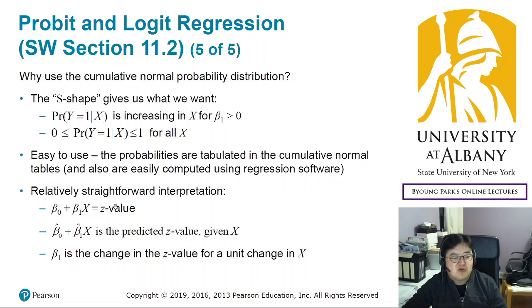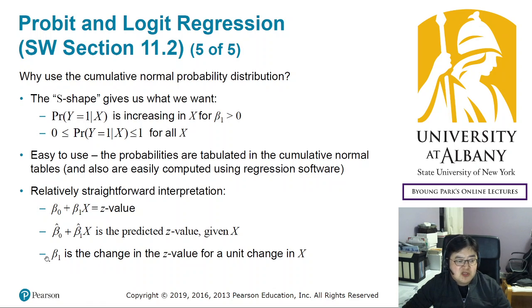And interpretation wise, we have an imaginary index, the z-value. This is the z-value index, and we can predict the z-value. But actually it has no real world interpretation. It's just an imaginary score, and beta 1 has no real world interpretation.